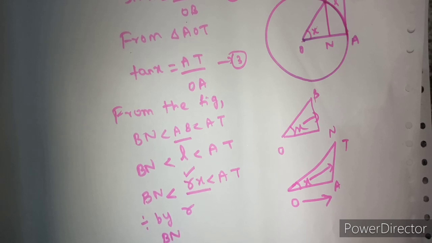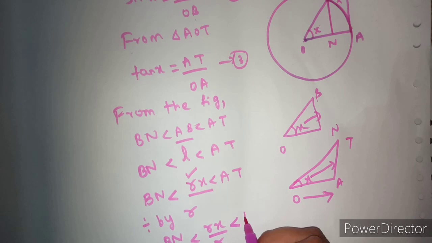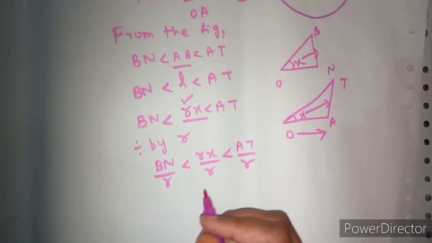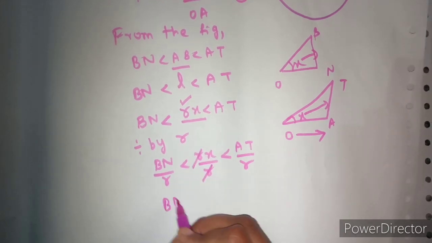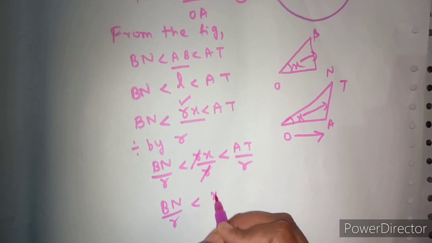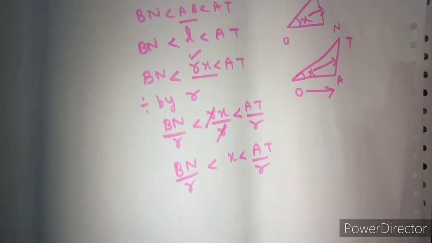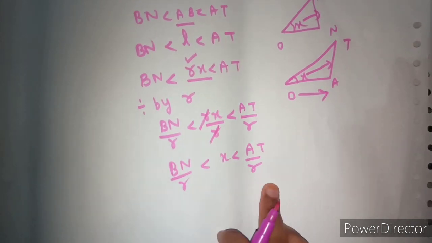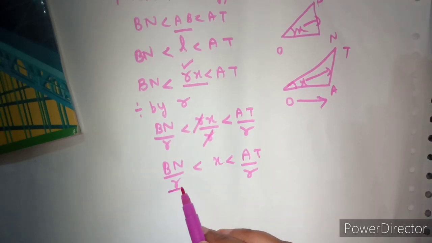BN by R less than Rx by R, which is again less than AD by R. Now this R gets cancelled. So we are left with BN by R less than x, which is again less than AD by R. So in the figure we have taken R as OA as well as OB.